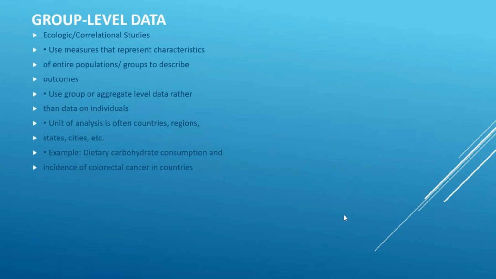We use group or aggregate level data rather than data on individuals. The unit of analysis is often the countries. Why? Because we are getting the data at the group level, and these are not smaller groups, these are larger groups, maybe at the level of countries, regions, states, cities, or provinces, depending on where you are living.